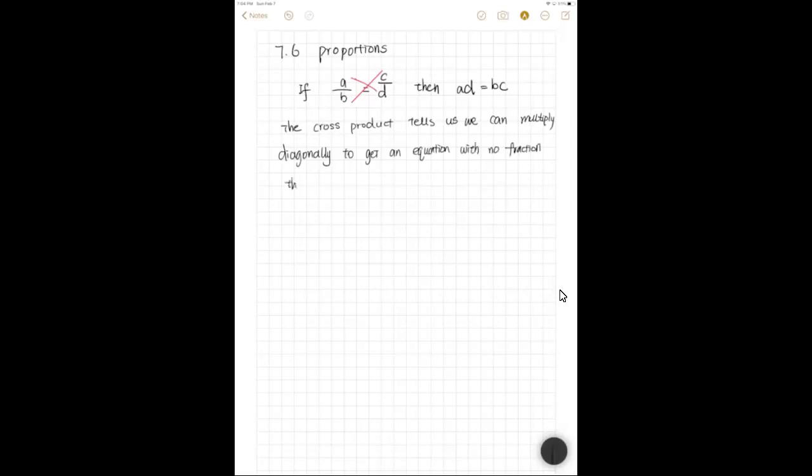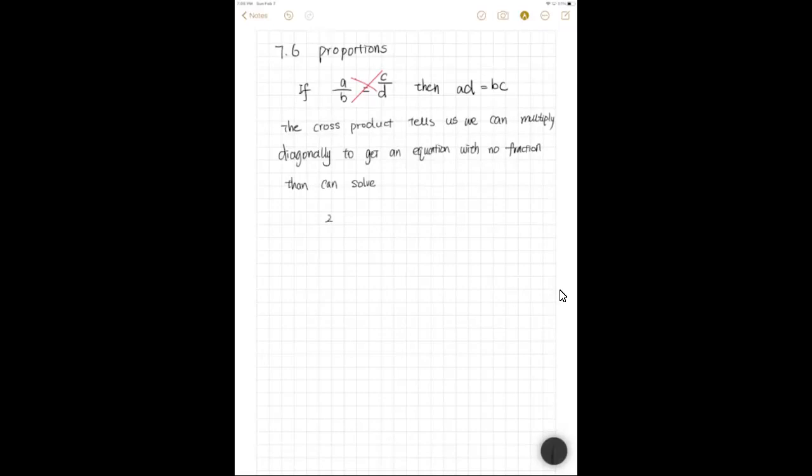Then we can solve for x or some other variables. See, I know you guys don't like fractions. If you use these cross products, you can just get rid of the fraction, something that you don't like.